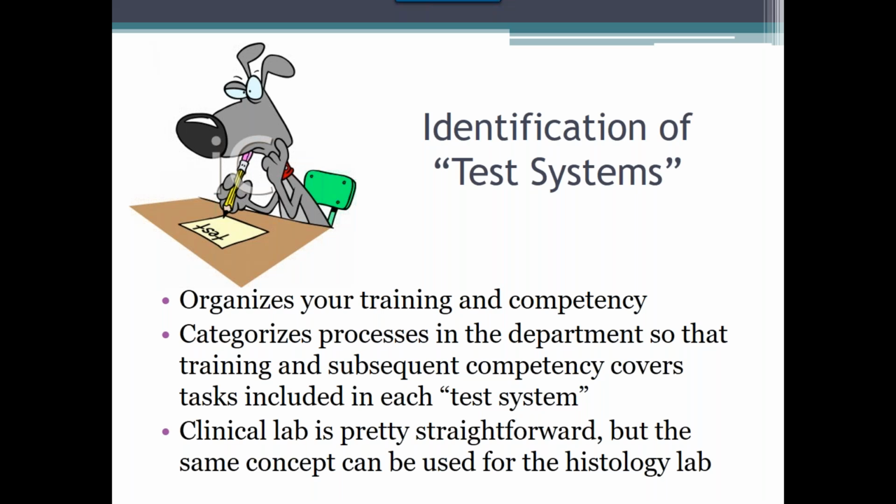So for example, if you are trained and can show competency of performing AE1, AE3 on Stainer X, and all IHC are considered the same test system, then you can essentially do all IHC on Stainer X. There is not a need to train in competency every single IHC that you might perform on Stainer X. The clinical lab is pretty straightforward when it comes to defining test systems because they are so much more automated and pretty much everything is performed on instrumentation or by utilizing a kit.